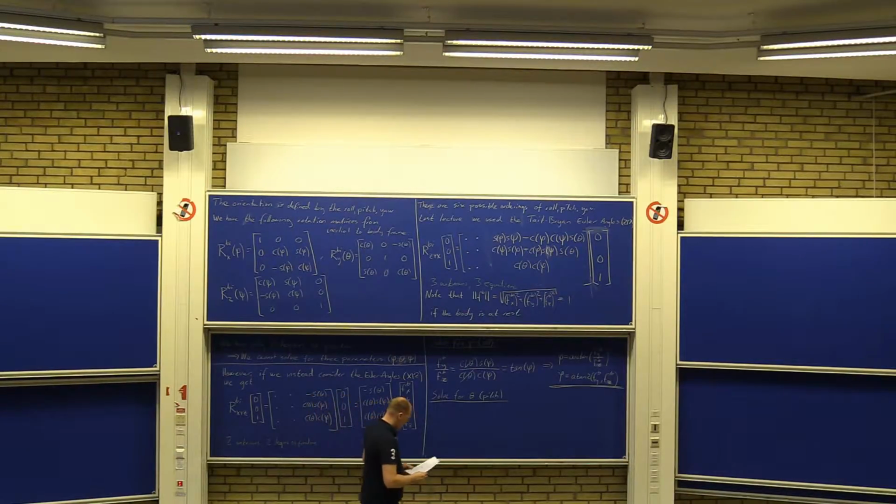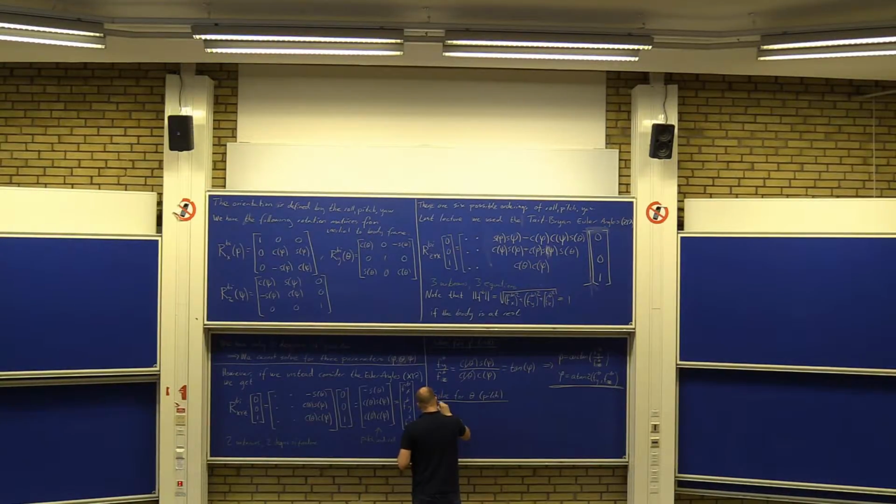So we could basically just do this: if we multiply this with sine of phi, then we will get cosine theta times sine square of phi, and if we multiply this with cosine of phi, we will get cosine theta times cosine square of phi. Then we can add these two together, and sine square of phi plus cosine square of phi will be equal to 1, as you know.